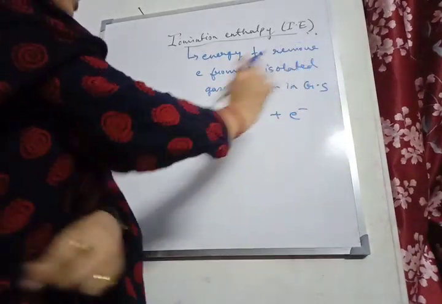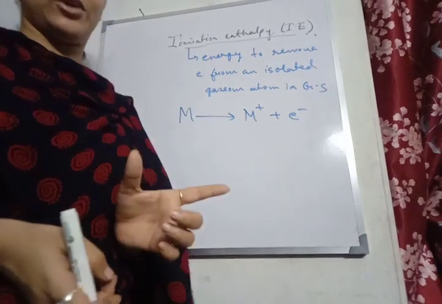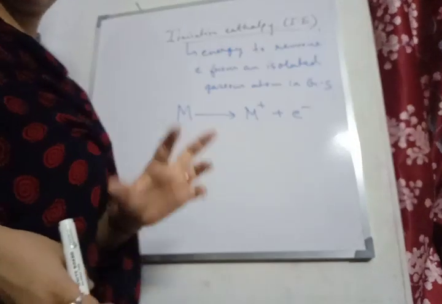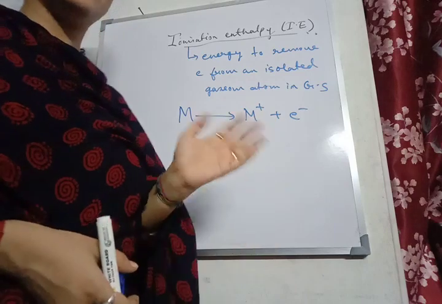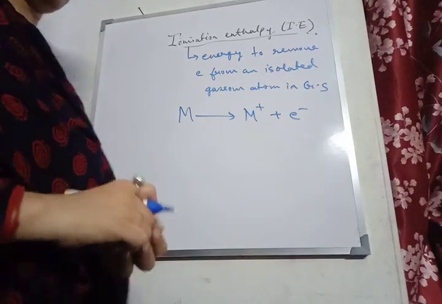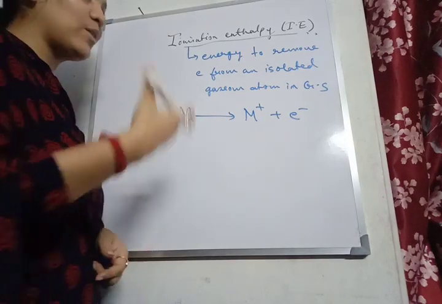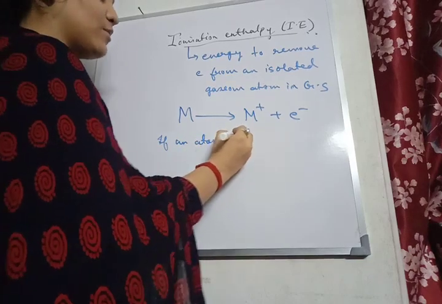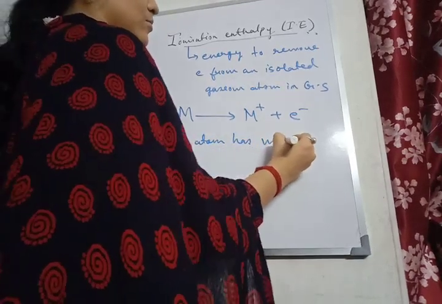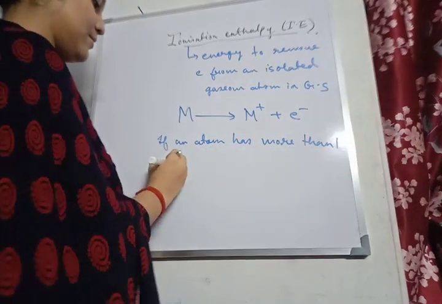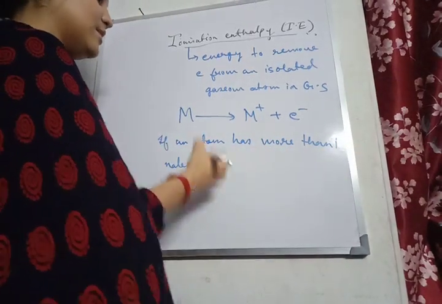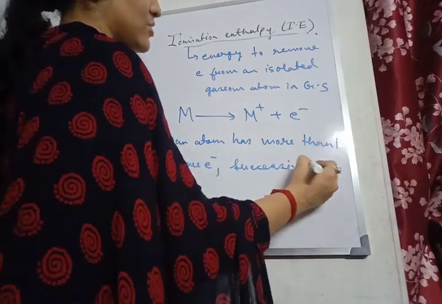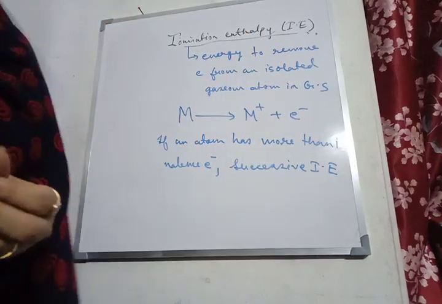Okay, now if an atom contains only one valence electron, then obviously it can have only one possible ionization energy value. But if an atom has more than one valence electron, then the ionization energies we basically term as successive ionization energies or successive ionization enthalpies or potentials.